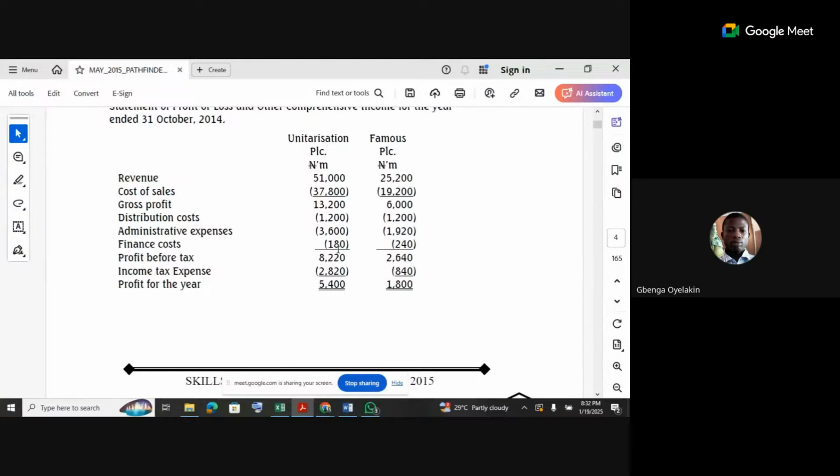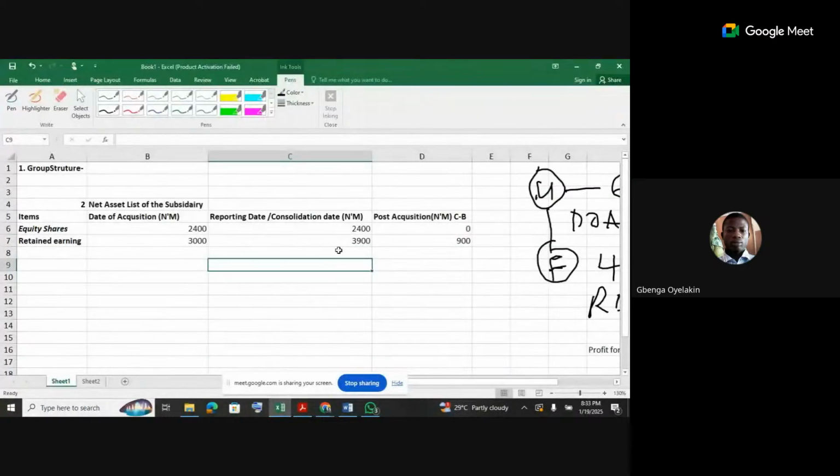And this 1,800 naira was for a whole year, which is 12 months. What we are considering now is 6 months, from the date of acquisition to the reporting date. So we are going to have 6 divided by 12 months, then multiply by 1,800. So the result, which is 900, is going to be the post acquisition profit for retained earnings.